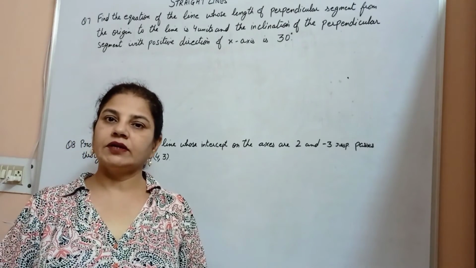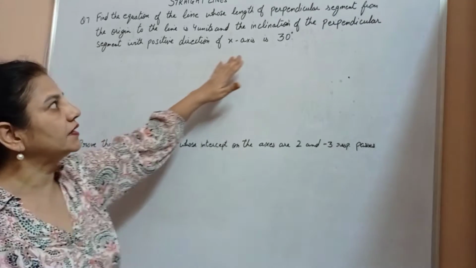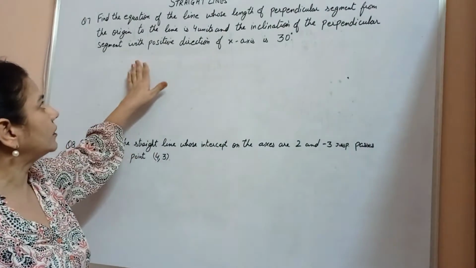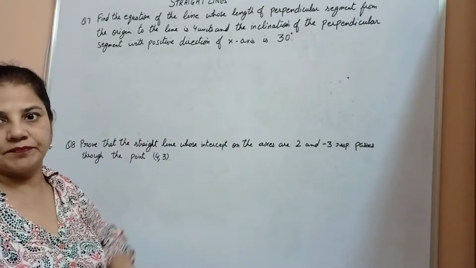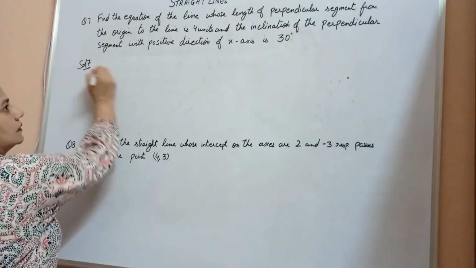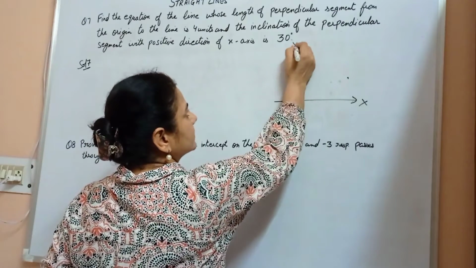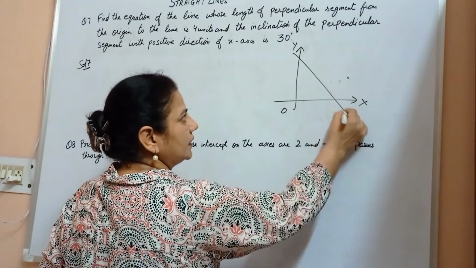Find the equation of a line whose length of the perpendicular segment from the origin is 4 units and the inclination of the perpendicular segment with the positive direction of the x-axis is 30 degrees. So here, say this is the x-axis and y-axis, this is the origin, and a line L is given.